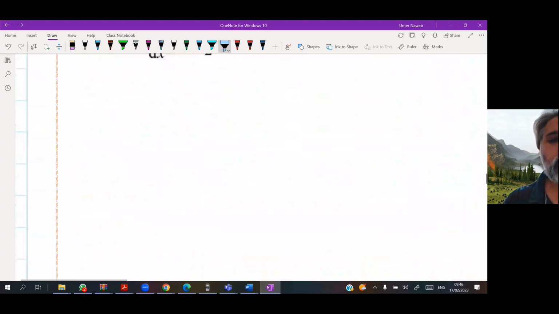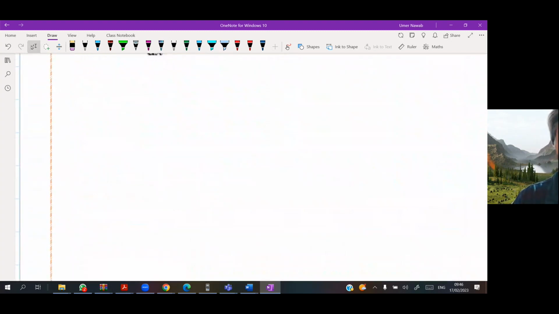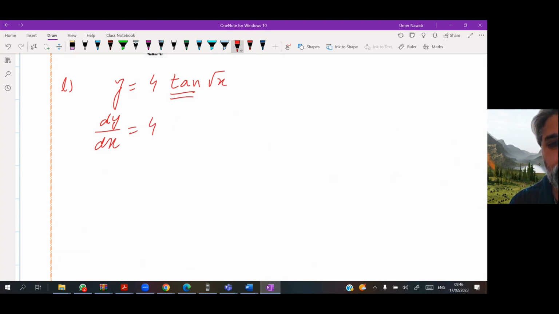Now I will solve the last part here in this empty space. L part I'm talking about. y is equals to 4 tan of square root of x. Ready? So dy by dx, this is 4. Derivative of tan is secant squared. Keep the argument as it is.